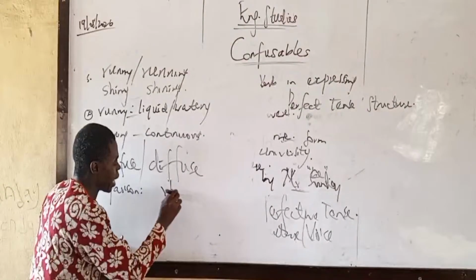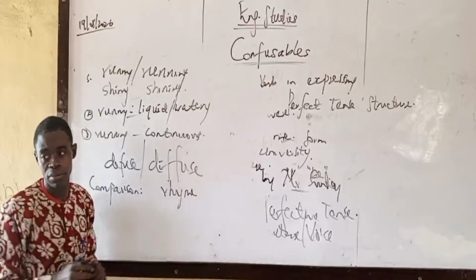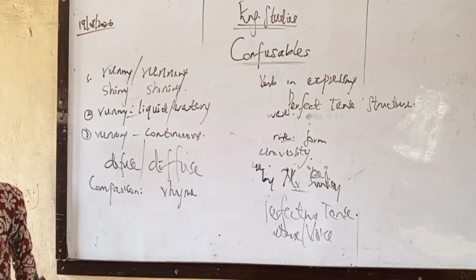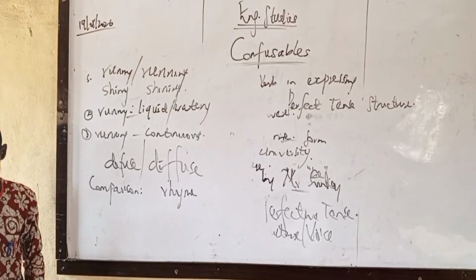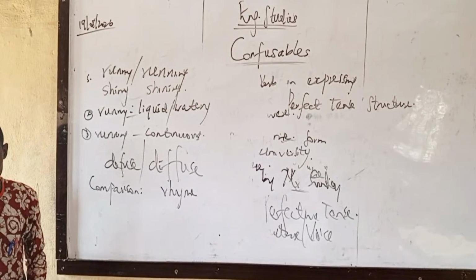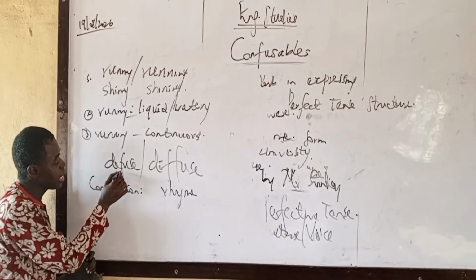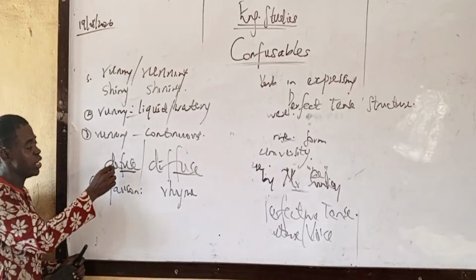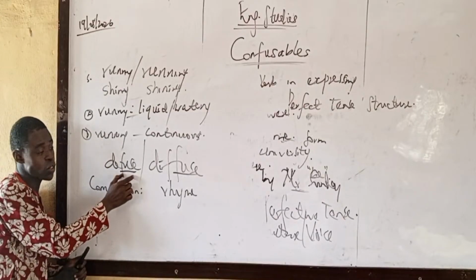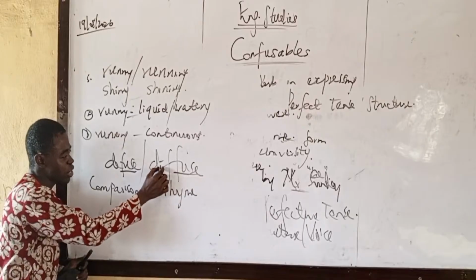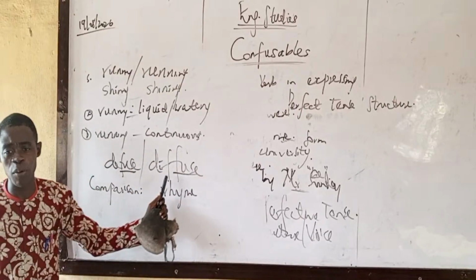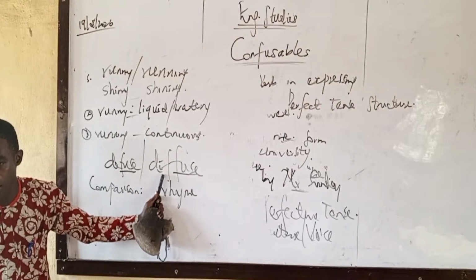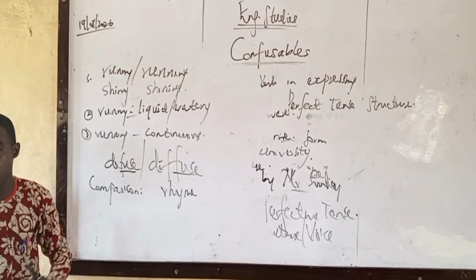They both rhyme, but they are not homophonic. What does that mean? They take the same last sound, but they are not pronounced the same. This word, diffuse. What is the noun form of this? Diffusion.